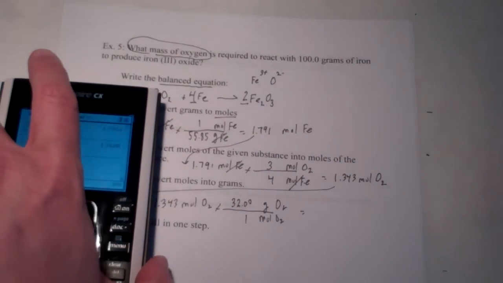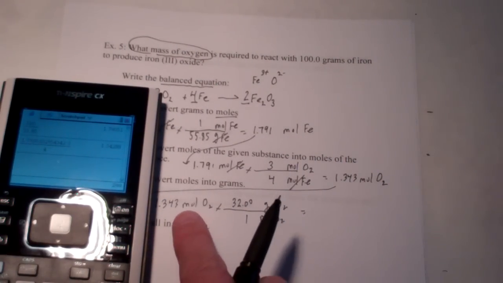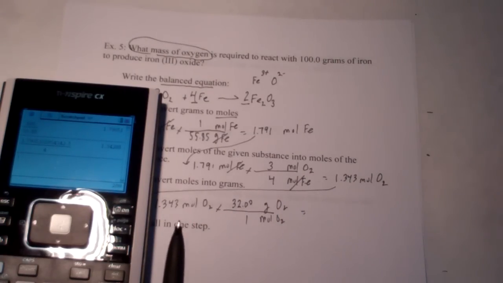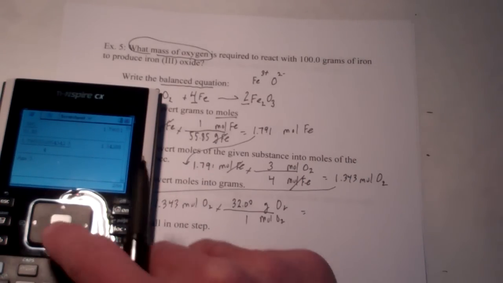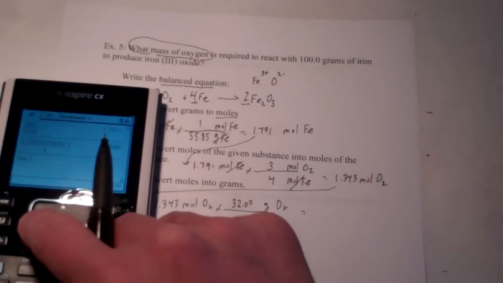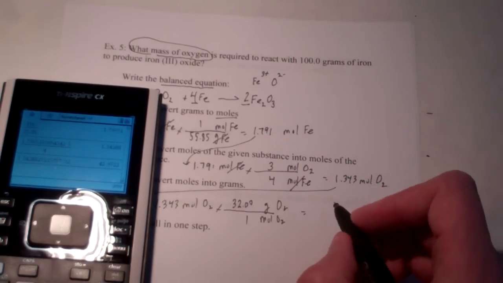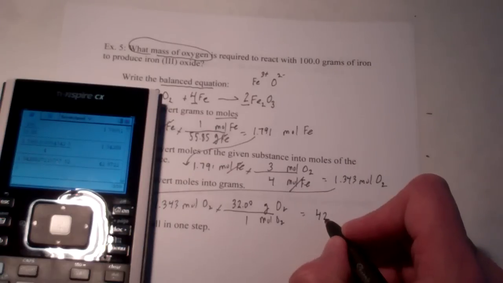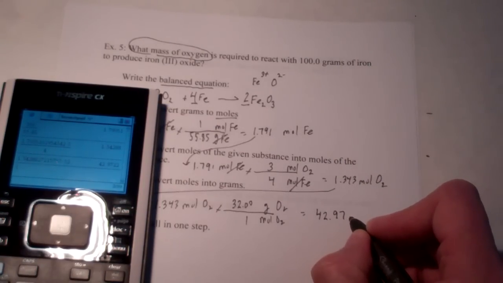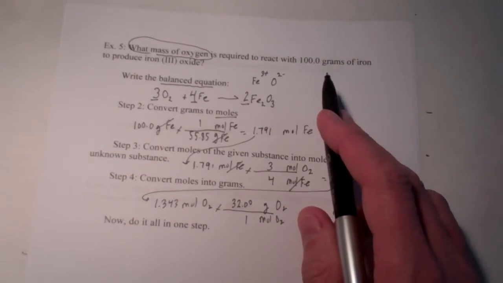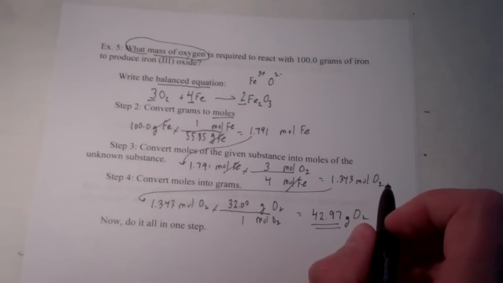So we'll pull our calculator out one more time, and we'll take our previous answer and multiply that by 32.00. And I end up with, to 4 significant figures, 42.97 grams of oxygen will be required to react with my 100 grams of iron.